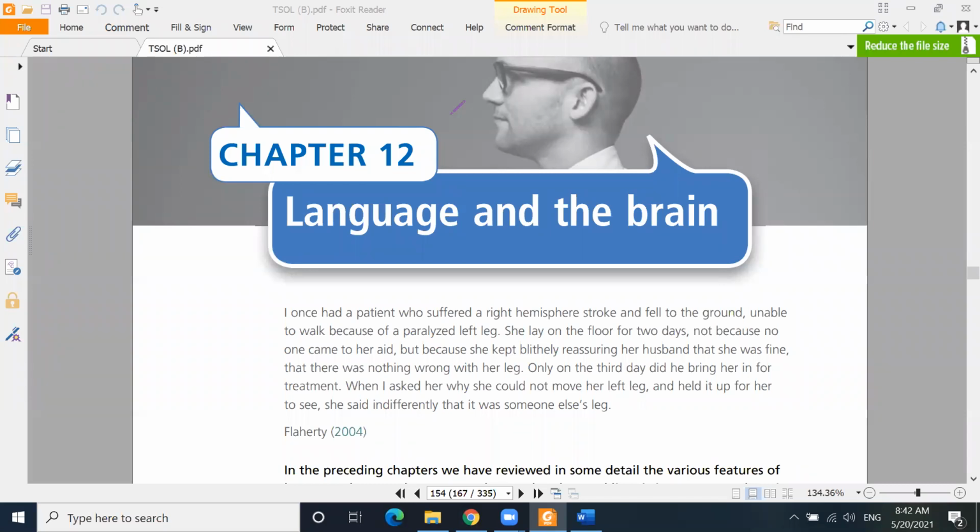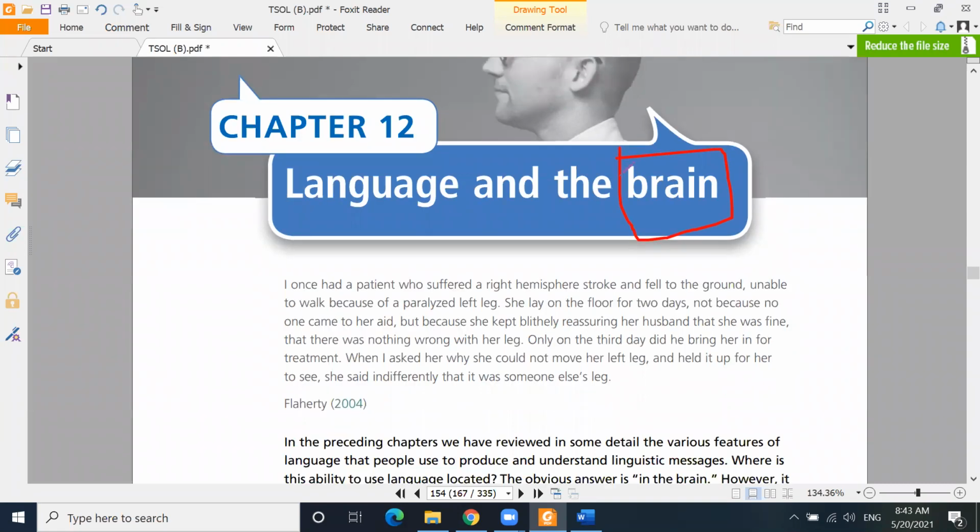So we're now trying to come out of the domain of language itself and relate language to other fields of study: neurology, then society, then psychology. This is what we call applied linguistics.